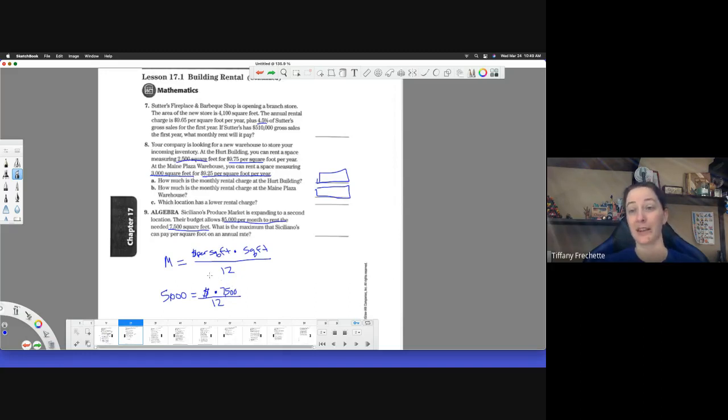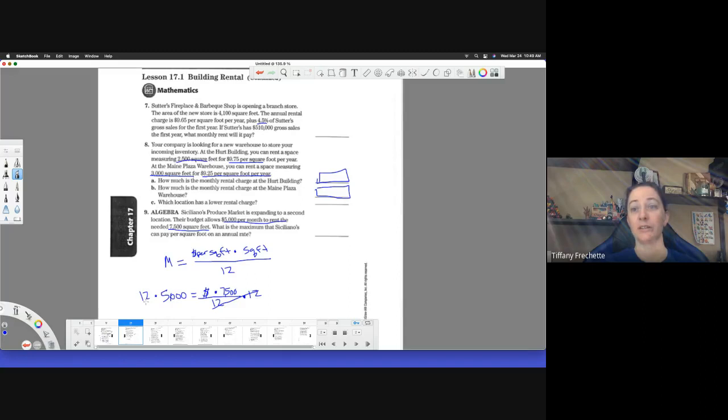That's all it is. So to get started here, we want to get rid of this fraction so we can start getting this dollar sign or this variable by itself. So if it's divided by 12, I'm going to go ahead and multiply by 12. And what that does is it goes multiply by 12, divide by 12. Well, any number divided by itself cancels.